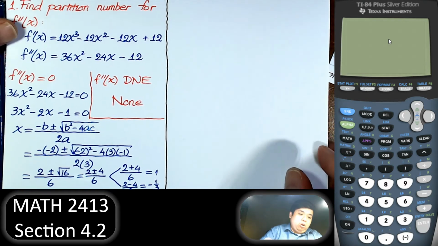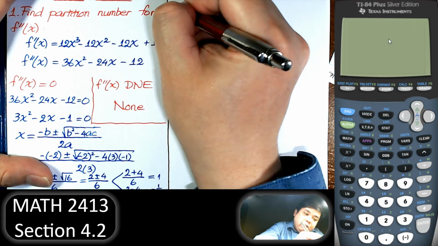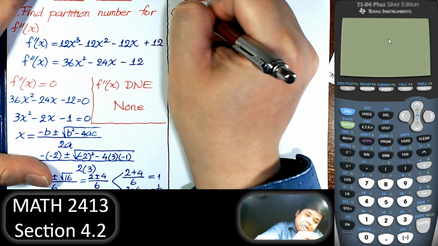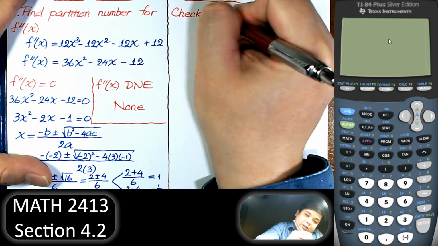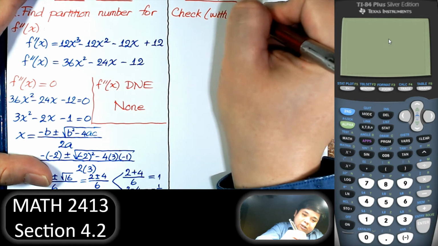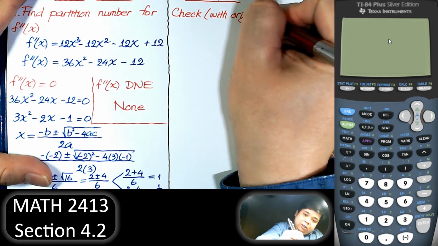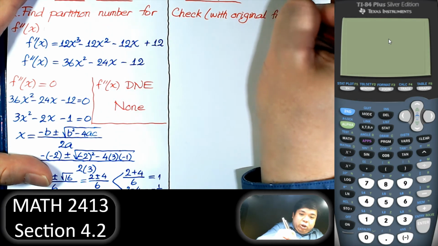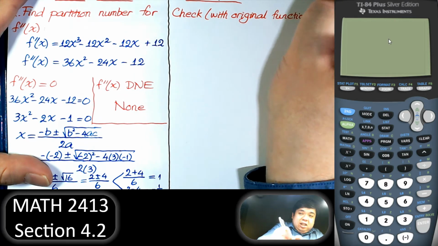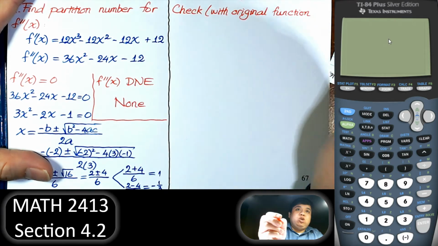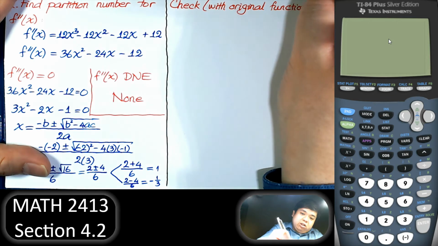Those are 2 points, and we will check with the original function, because potentially it is an inflection point, so we might need to check with the original function.